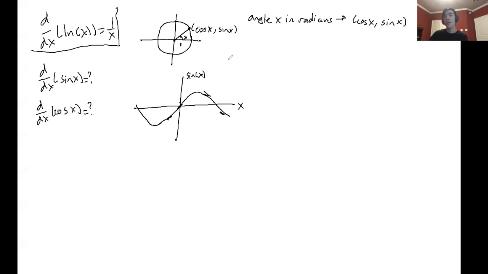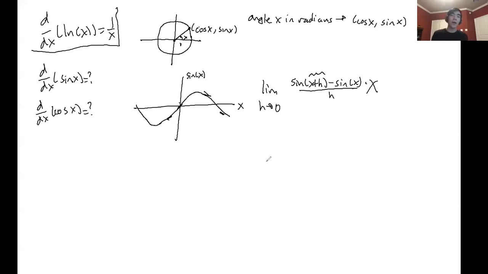How do we do this? And then you realize, hey, maybe I can plug in the formal definition of derivatives as a limit. So you get sine of x plus h minus sine of x over h. Then you look at this and you realize you have absolutely no idea how to deal with the sine of x plus h term, and then you just give up.